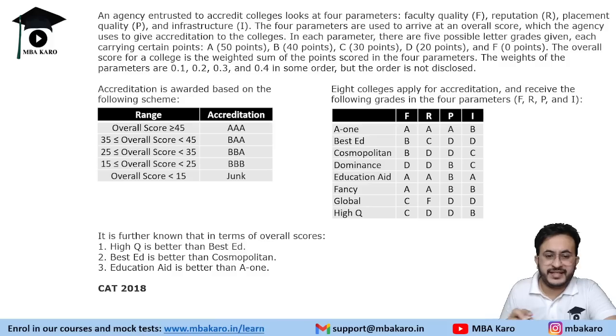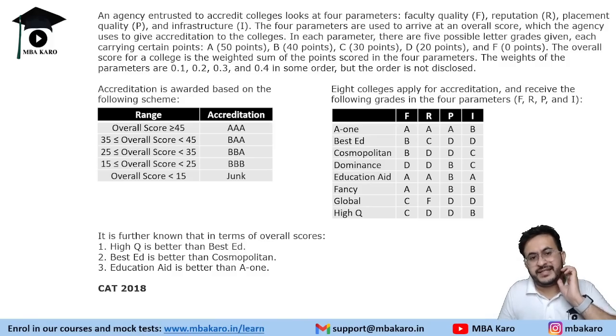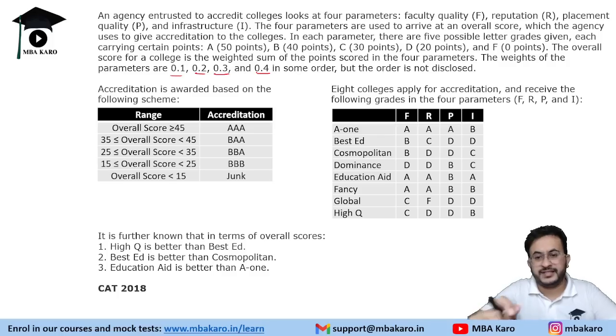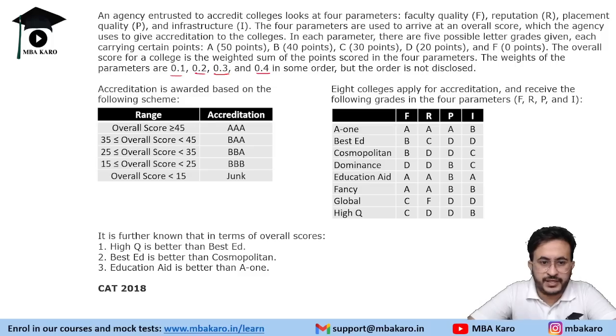Now, this was a set given in CAT 2018. So it says that there are different weights like 0.1, 0.2, 0.3 and 0.4 that are given to these particular categories. Okay. And then accreditation has to be made using these.